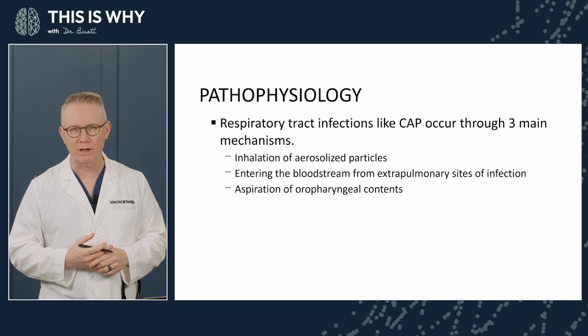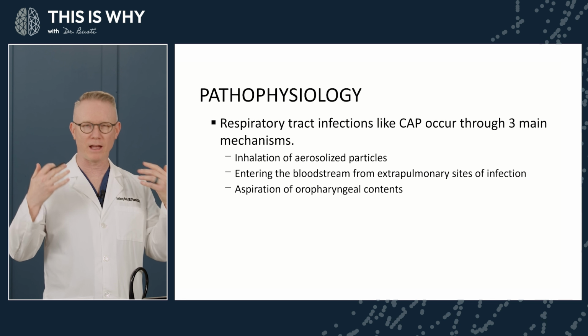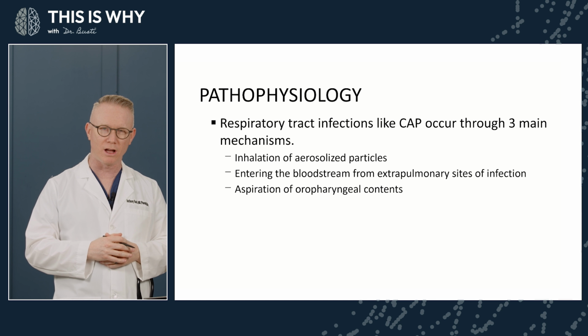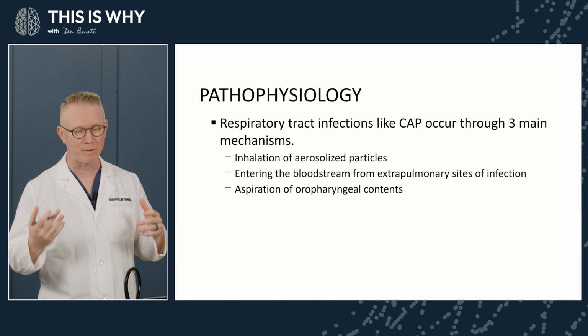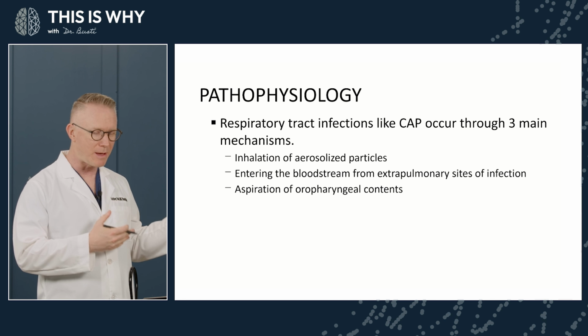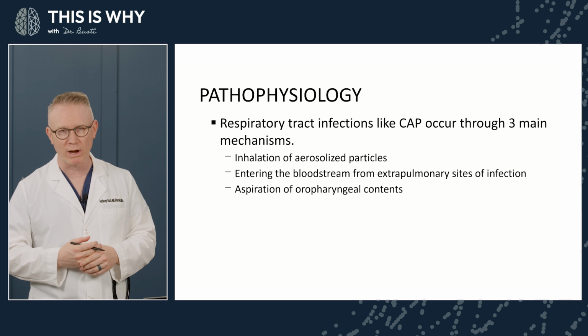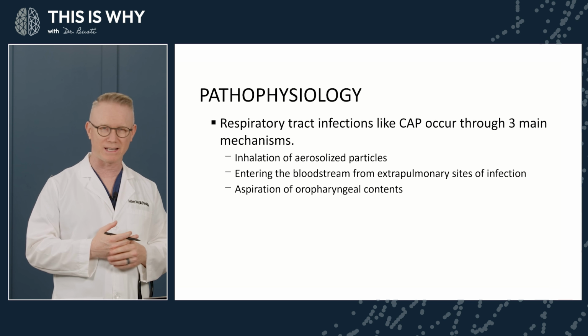One is the most obvious: we inhale aerosolized particles and absorb them into the nasopharyngeal area or down into our lungs. Second is by bloodstream, so there's hematogenous spreading from extrapulmonary sites that make their way to the lung. And third is aspiration of oropharyngeal secretions or contents.